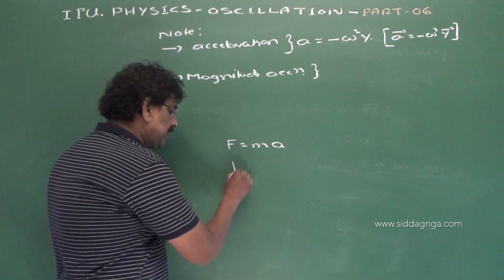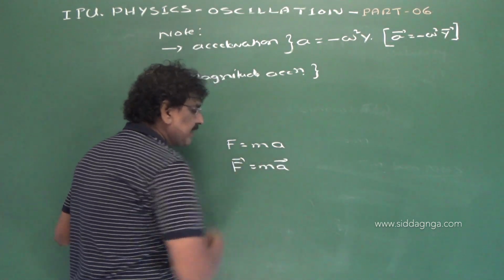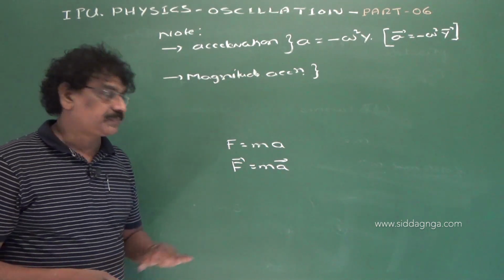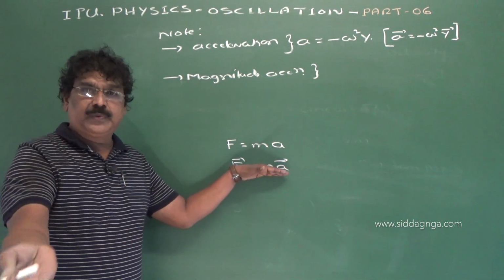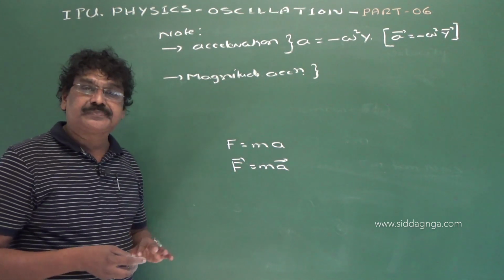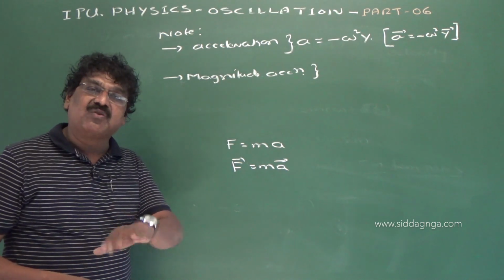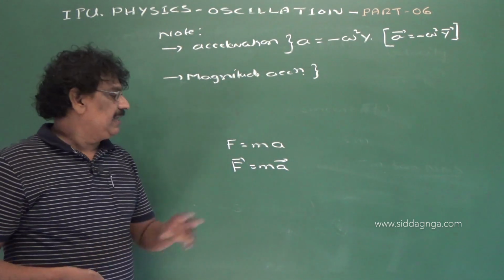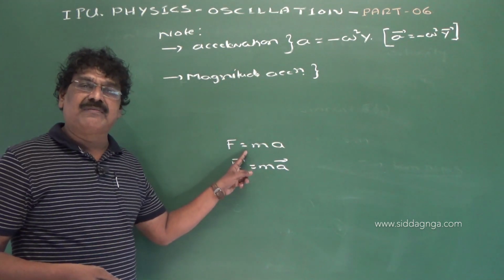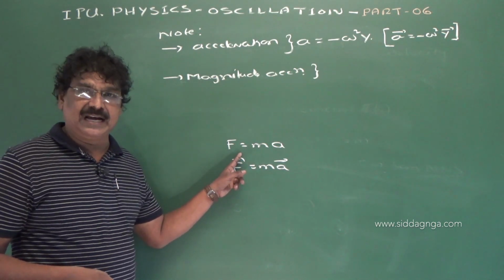But when I say that vector F is equal to m into vector A, where mass is a scalar quantity, here I am considering both magnitude of force and direction. This is the scalar form of the expression for force according to Newton's second law.